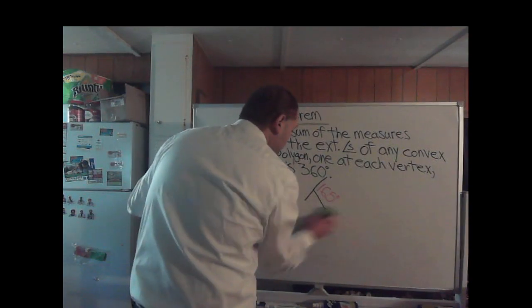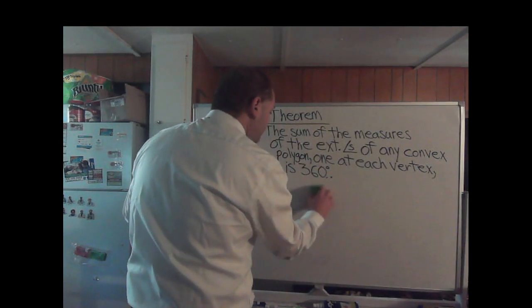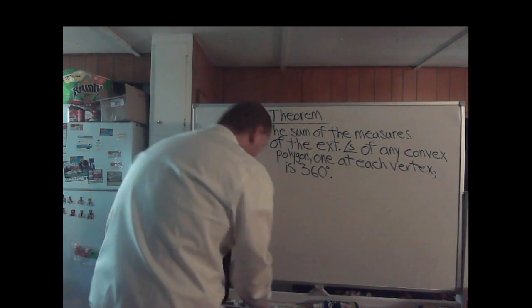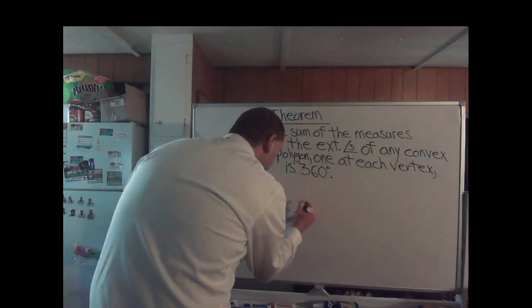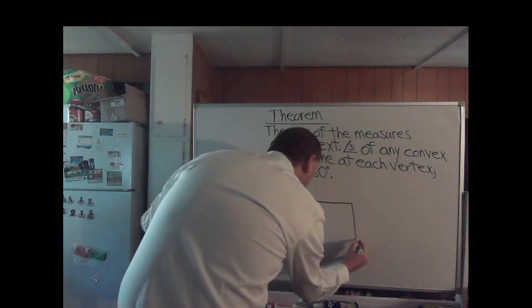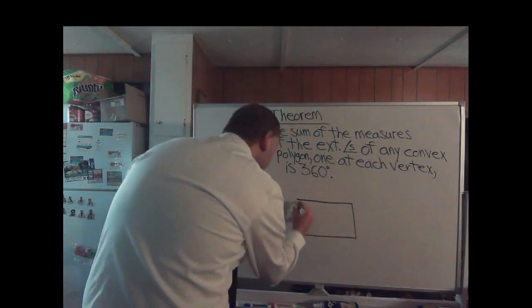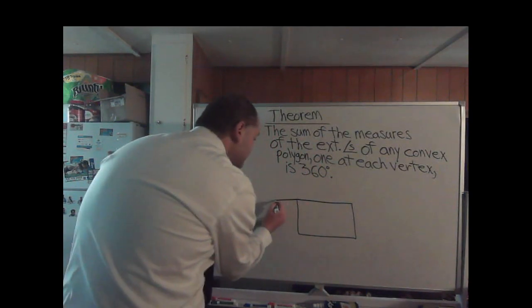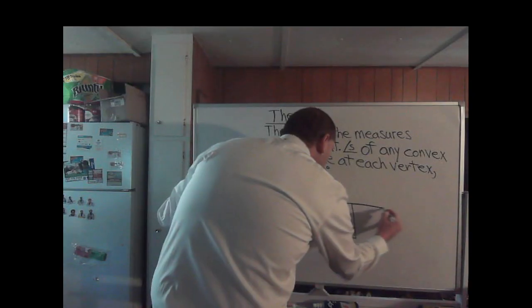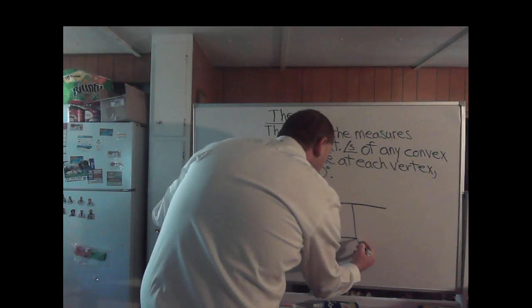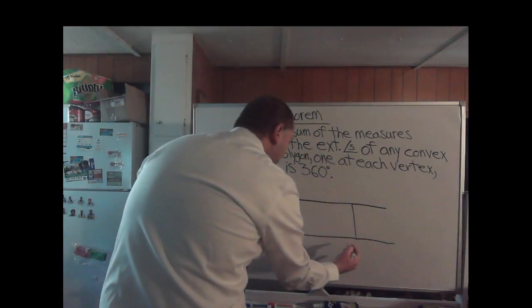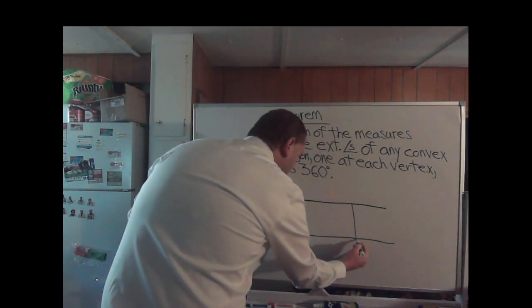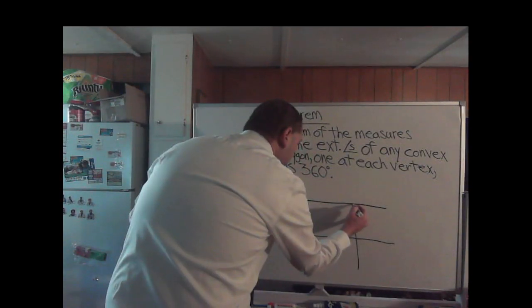Let me demonstrate with the quadrilateral. I think that would be a very good demonstration. Let's draw a rectangle, just for the heck of it. Let me extend the lines out here.